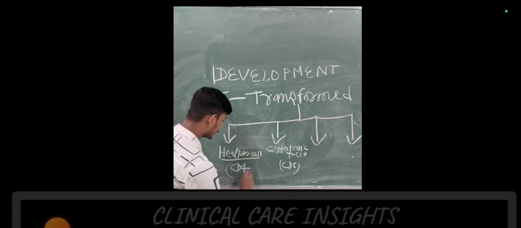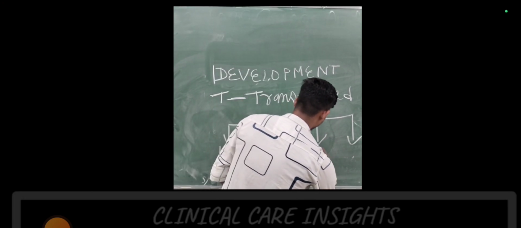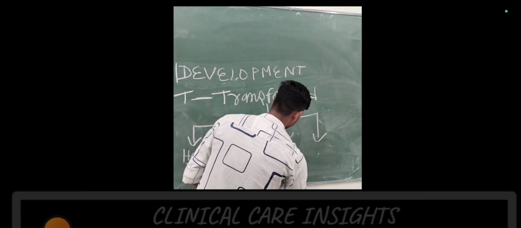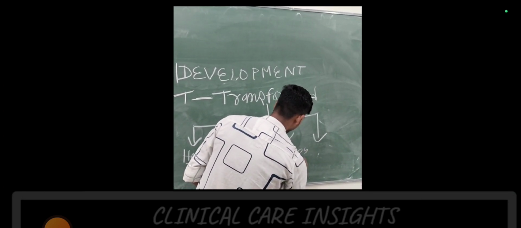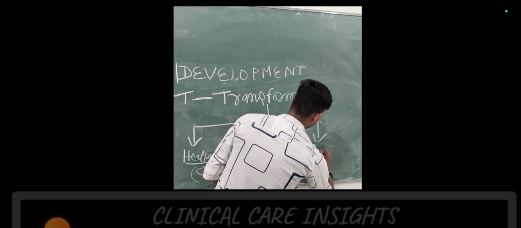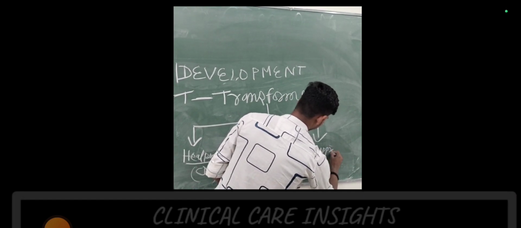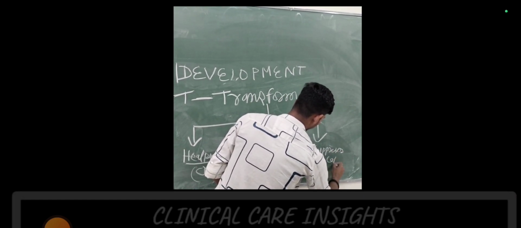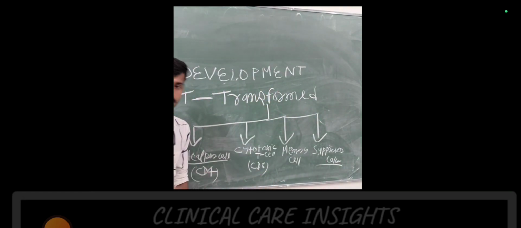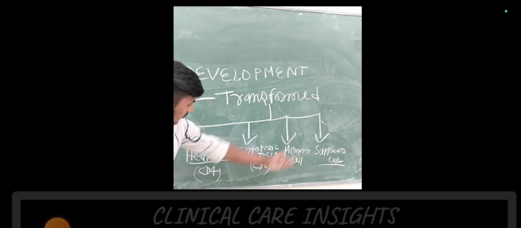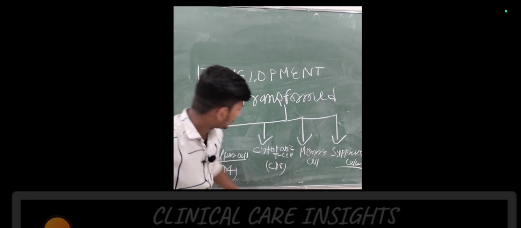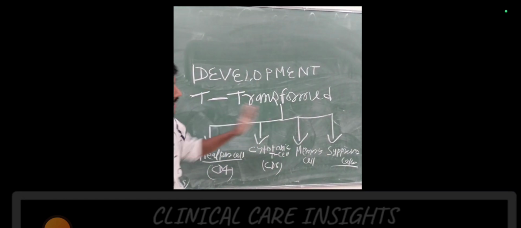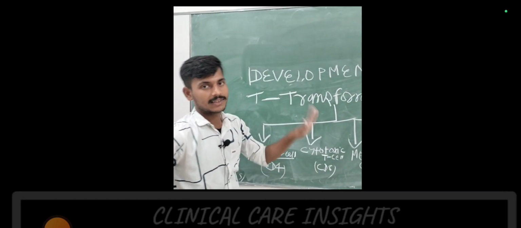Then we have the memory cell, and we have the suppressor cell. Understood? For their formation, all this is going on in the thymus.